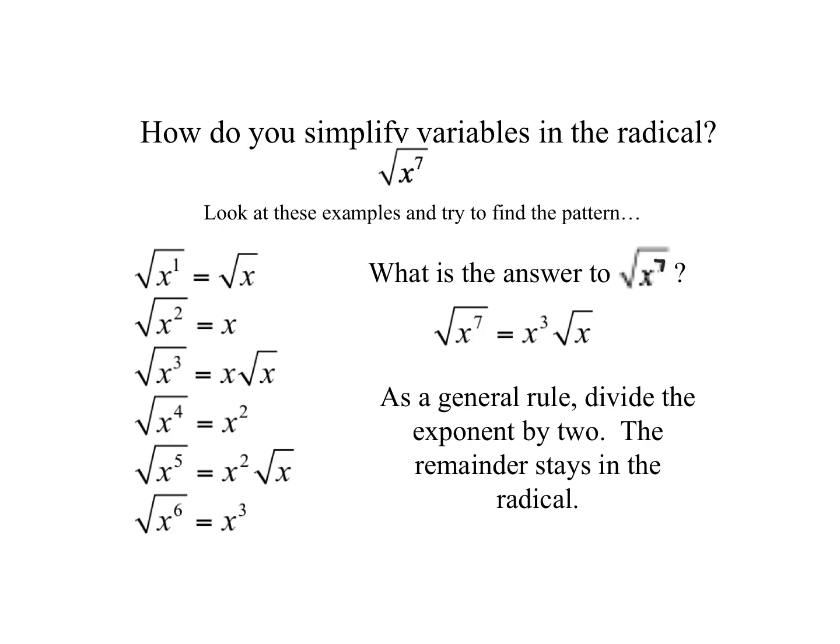So for example, if I were to do 7 divided by 2, that gives you 3, because 2 goes in evenly 3 times, with a remainder of 1. Hence why the 3 becomes outside, and the 1 is the exponent inside the radical.